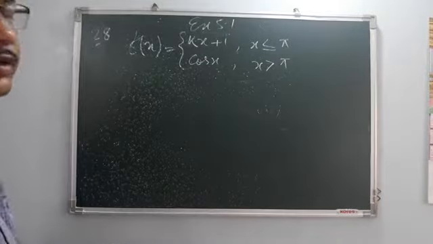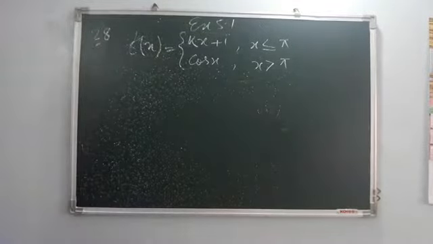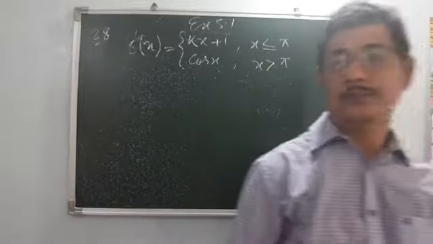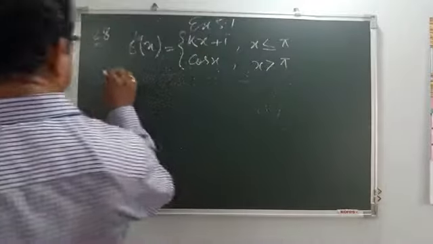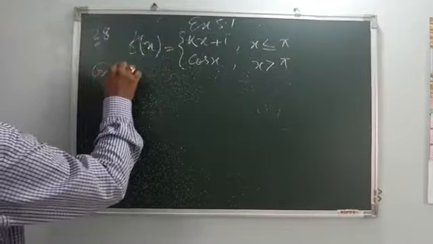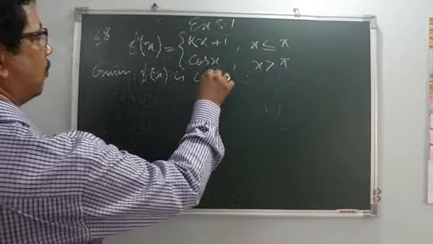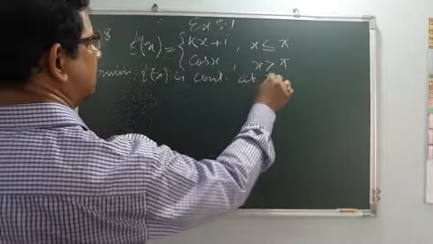See here, f(x) is given two values: one for greater than pi, another for less than or equal to pi. Given what? Given f(x) is continuous at x equal to pi.